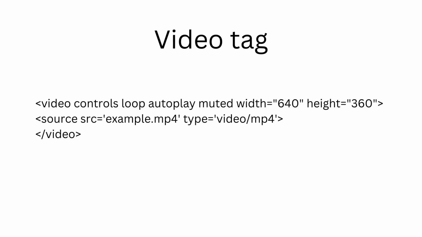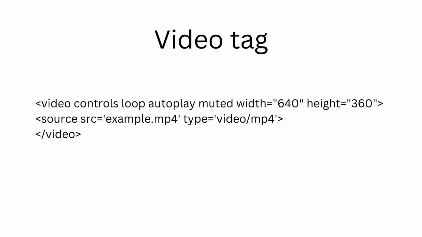It's important to note that the source element has no closing tag. Within the source element, we add two attributes, src, also known as source, and type. In the src attribute, we add the address of the video file, and in the type attribute, we specify the format of the video using the MIME type, such as video/MP4.